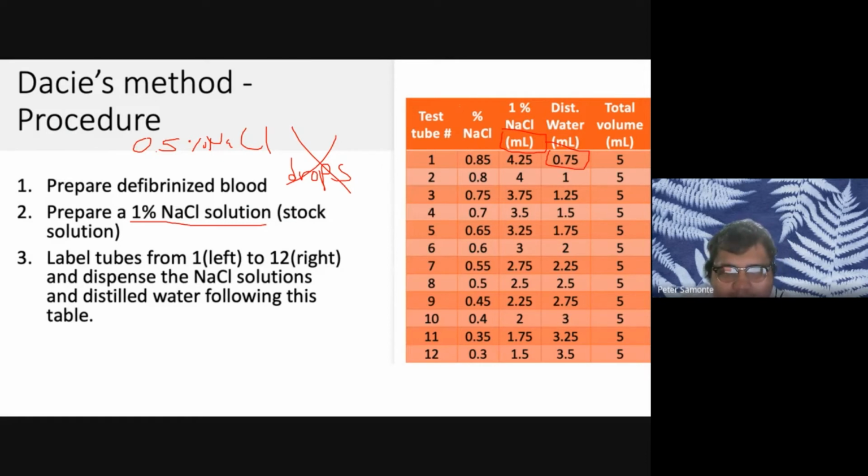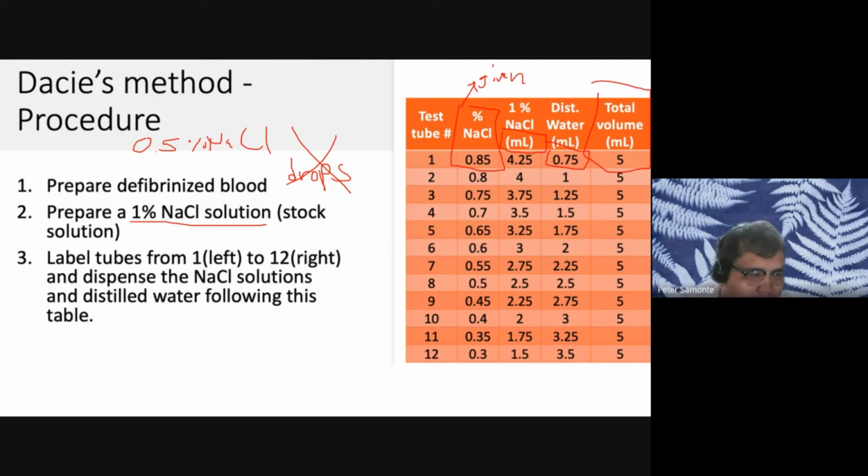Now, this time, class, the percent NaCl is already given, and the total volume of each tube is 5 ml. Again, in your DASIS method, instead of 0.5% NaCl, you use 1%. Then instead of drops, you're going to use ml.